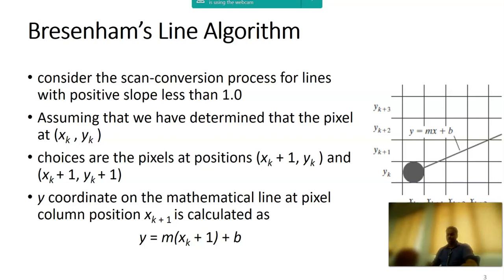Bresenham's line algorithm is an accurate and efficient raster line generating algorithm developed by Bresenham. That's why it is named Bresenham's line algorithm. It uses only incremental integer calculations.